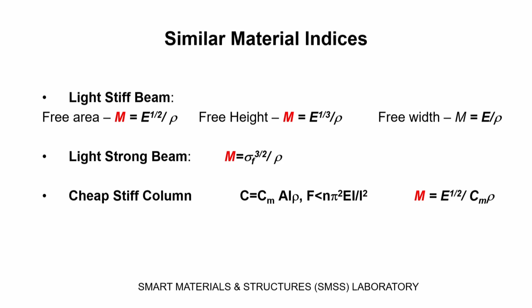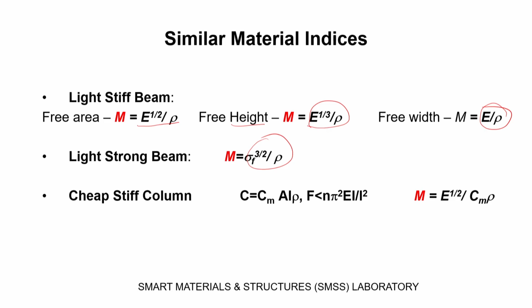Okay. Now, for a beam which can actually take bending moment, not a tie, this would become square root of E by rho. If you consider height only as a free variable, it will become E to the power of 1/3 over rho. If you consider width, it will become E by rho. And similarly, from the strength point of view, a material property index is sigma f to the 3/2 divided by rho.